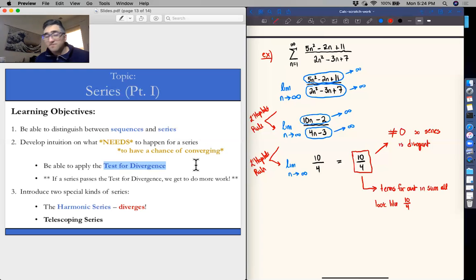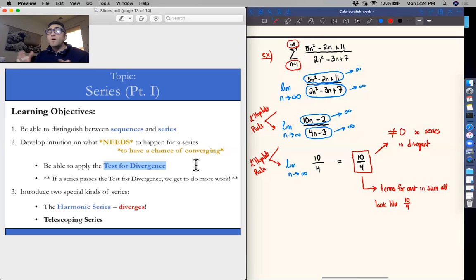In a more intuitive sense, as n gets larger and larger, all of a sudden it looks like we're just adding 10 over 4, plus 10 over 4, plus 10 over 4, plus 10 over 4. And eventually that is going to blow up towards infinity in the entire sum.